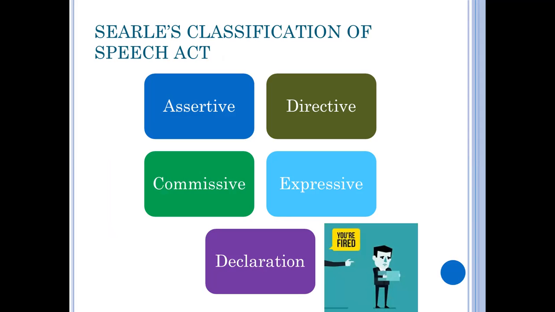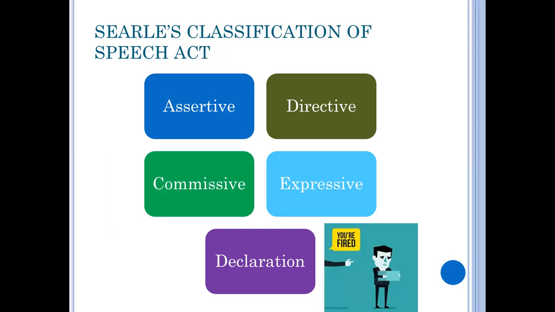We have here, "You're fired." By saying that someone is fired, an employer causes or brings about the person's unemployment, thus changing his external situation. So again, declaration is a type of illocutionary act which brings a change in the external situation.